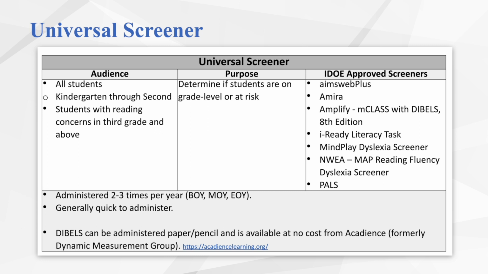Typically, most universal screening tools that were created and published were designed to be administered more than once a year. Typically, they're given 2 or 3 times a year, so maybe beginning, middle, and end of the year. If our intent is to identify students who are at risk, those students who are at risk at the beginning of the year may not be at risk in the middle of the year if we've intervened appropriately.